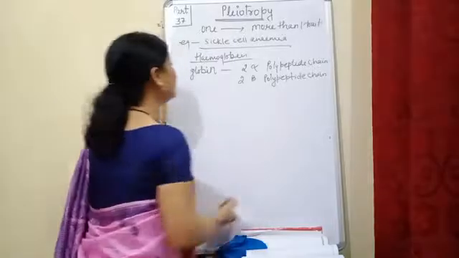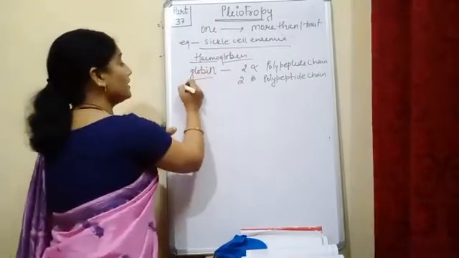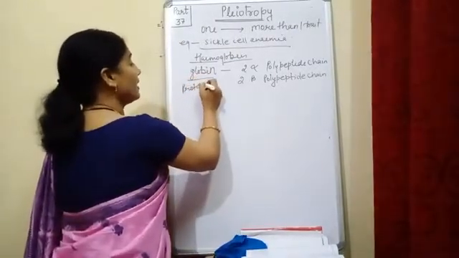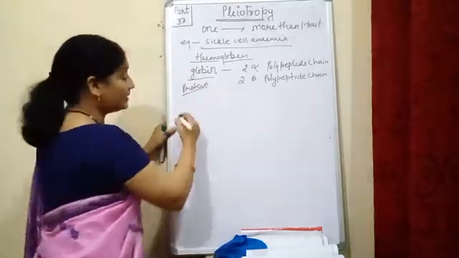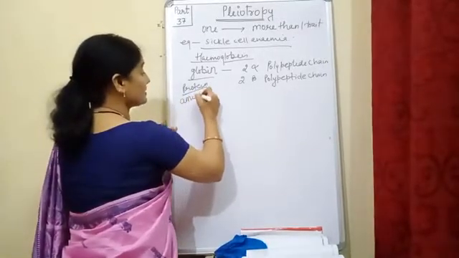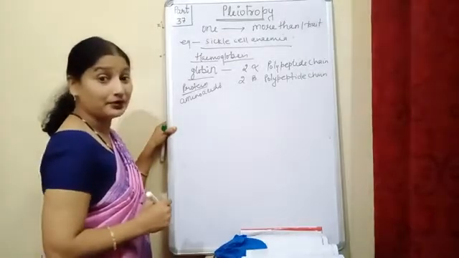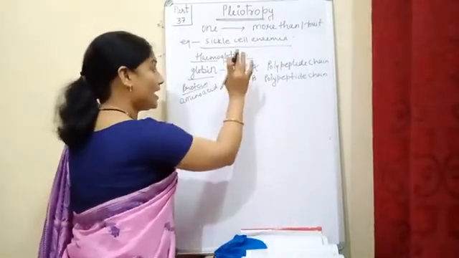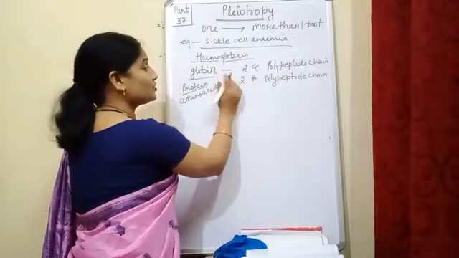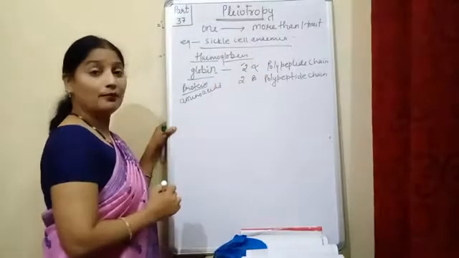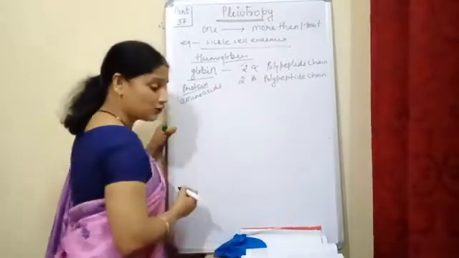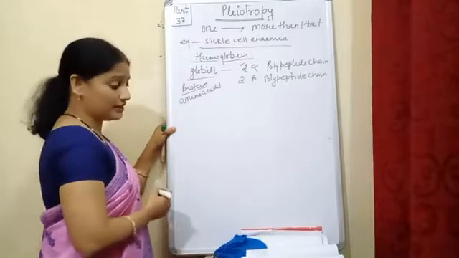It should be clear to you. Globin means the protein part, and protein means amino acids, and a group of amino acids forms polypeptide chains. So our globin part consists of 2 alpha polypeptide chains and 2 beta polypeptide chains.